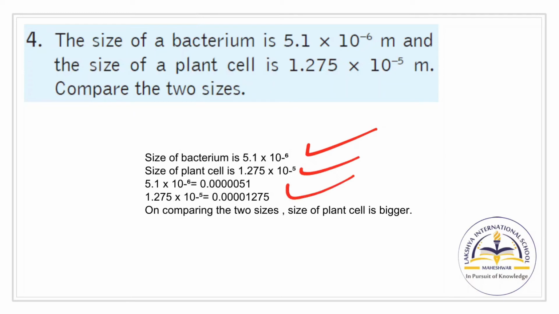The size of the plant cell is bigger. Why? Because this one is the bigger number as compared to this one. There are more zeros as compared to the second number.